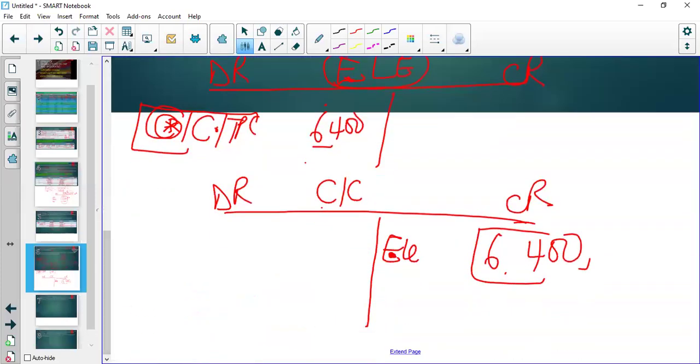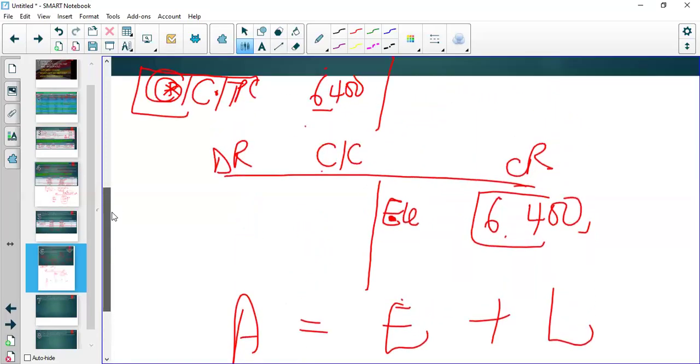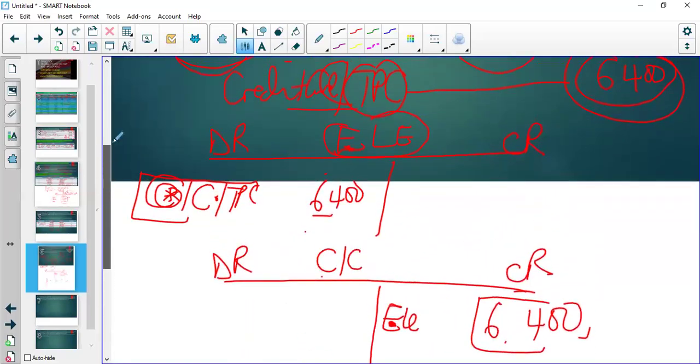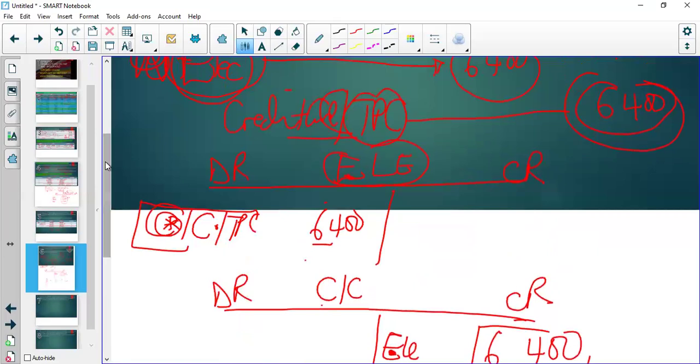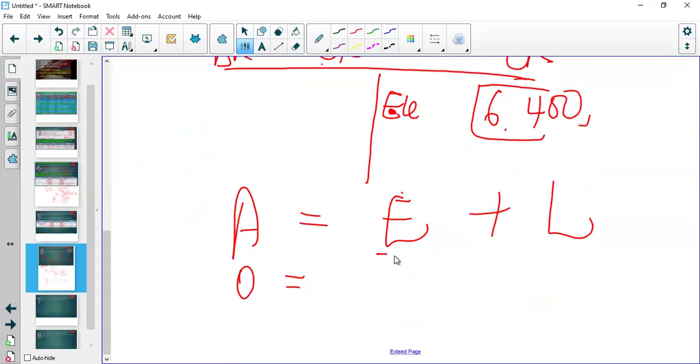Right, and the effect of this on the basic accounting equation is obvious. Let's say we have our assets being equal to the equity and the liabilities. So assets are not affected. We didn't have anything here that was affected, but equity is affected because this is an expense. We are recording an expense for the first time, and it's this electricity. So it reduces our profit by 6,400 because it's an expense that we have recorded.